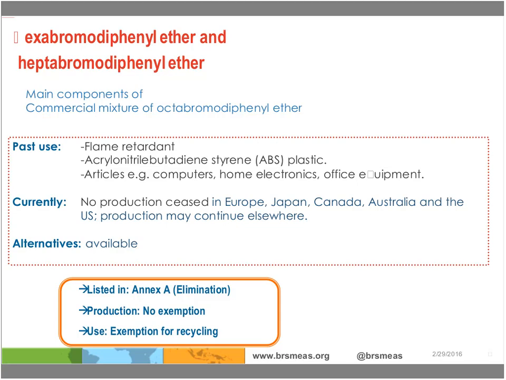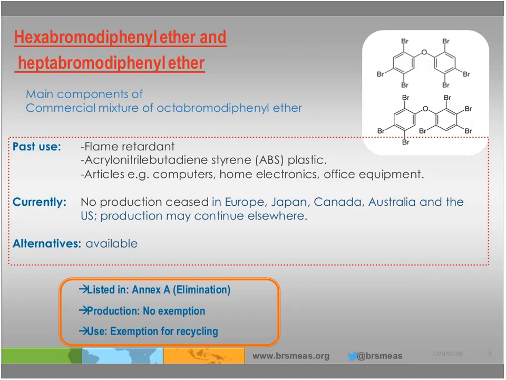Now, the chemicals listed under the Stockholm Convention include hexabromodiphenyl ether and heptabromodiphenyl ethers, which are the main components of the commercial mixtures of octabromodiphenyl ether. This was mainly used as a flame retardant, and currently there's no known production in the developed countries.